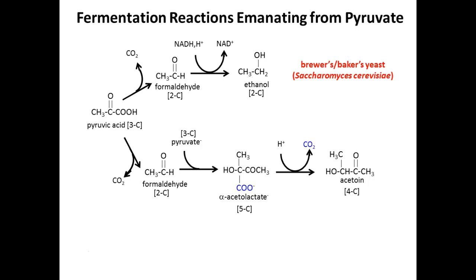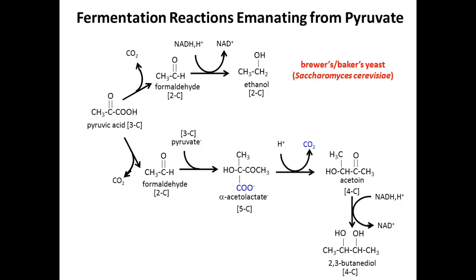And they can add protons and take away some carbon in the form of carbon dioxide and form acetoin. Acetoin then can be further reduced by adding electrons to it and form 2,3-butanediol. Anybody know what test we did today to test for the presence and ability to do this fermentation pathway? This is the VP test.